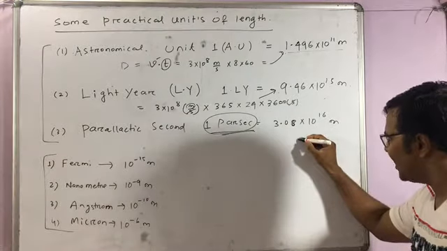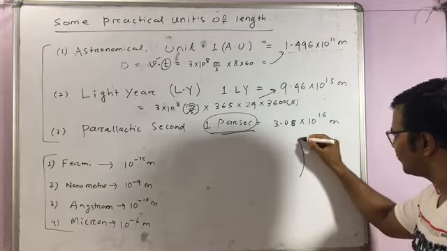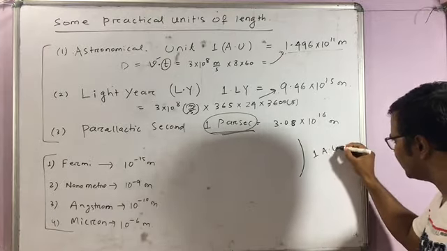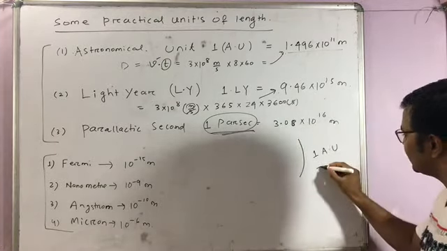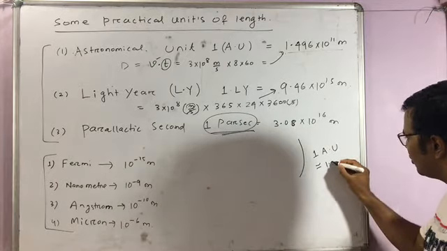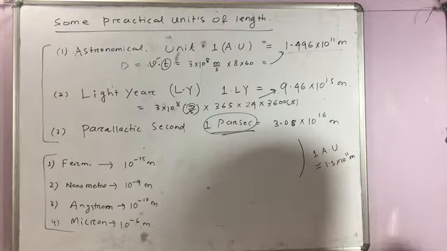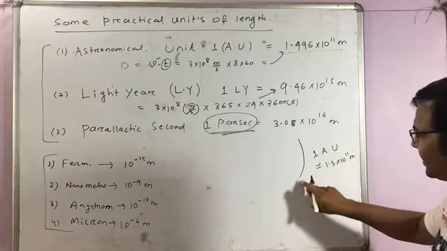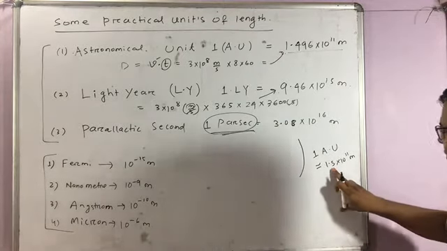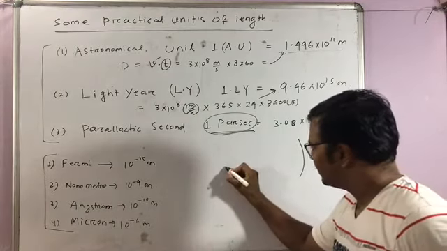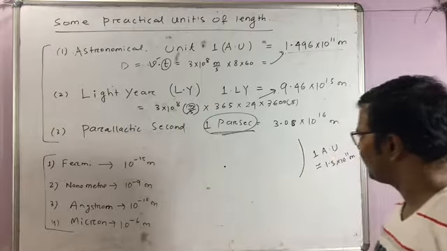Suppose you take one arc here whose length is 1 astronomical unit, which is nearly equal to 1.5 × 10^11 meter. And suppose you are here.